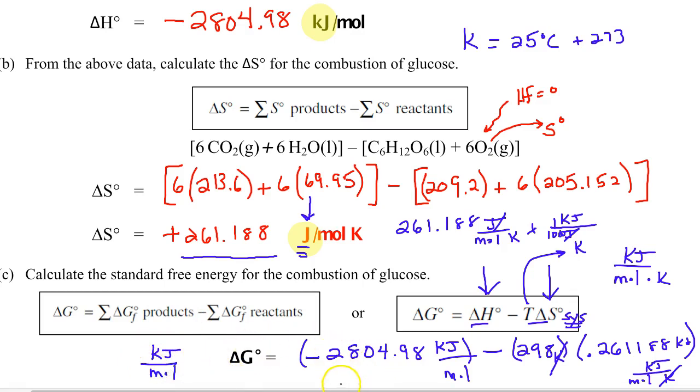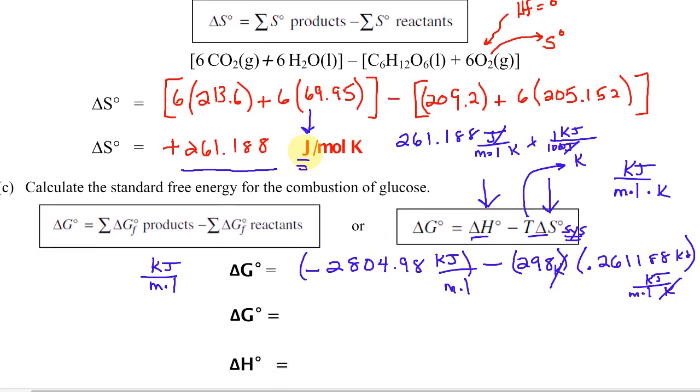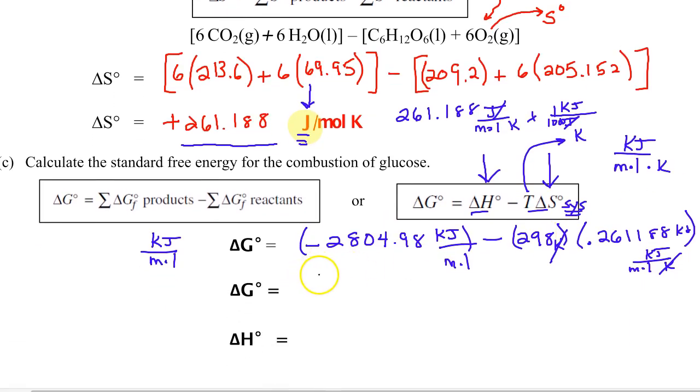And so when we do the math to plug this in, the delta G: negative 2804.98 minus, that's the delta what? H minus T, temperature in Kelvin, times the entropy of the system, you get a delta G that's negative 2882.8, and of course the unit is kilojoule per mole. So what does this tell me? That's a huge negative.